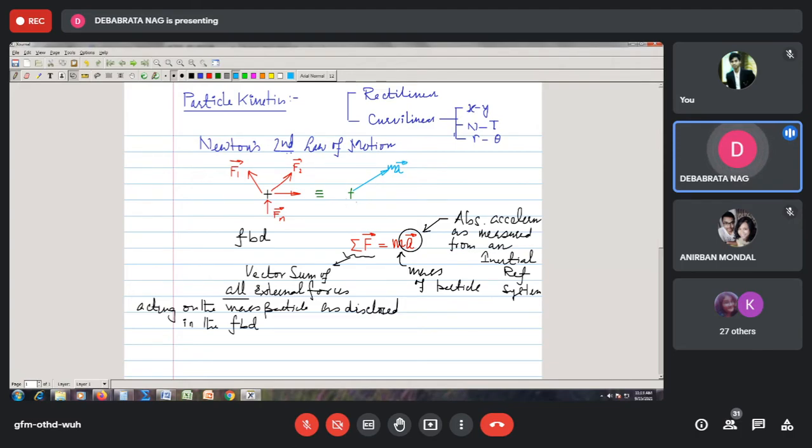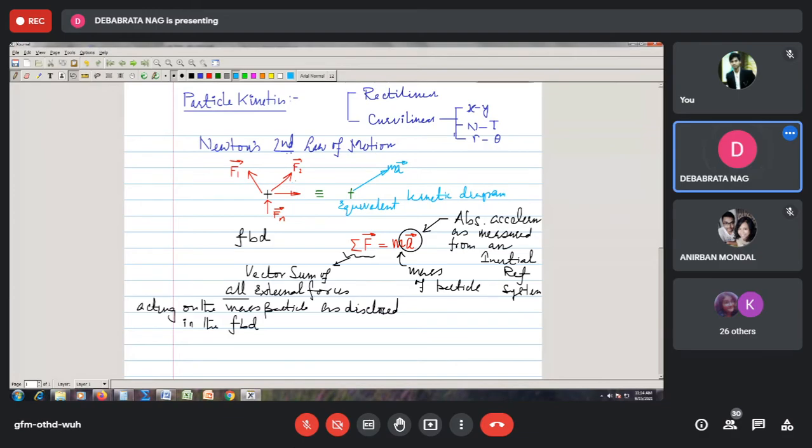So this diagram is called the equivalent kinetic diagram. You have a free body diagram on the left hand side, and on the right hand side you have this equivalent kinetic diagram. Whenever you are solving particle kinetics, please draw these figures and start doing the sum.